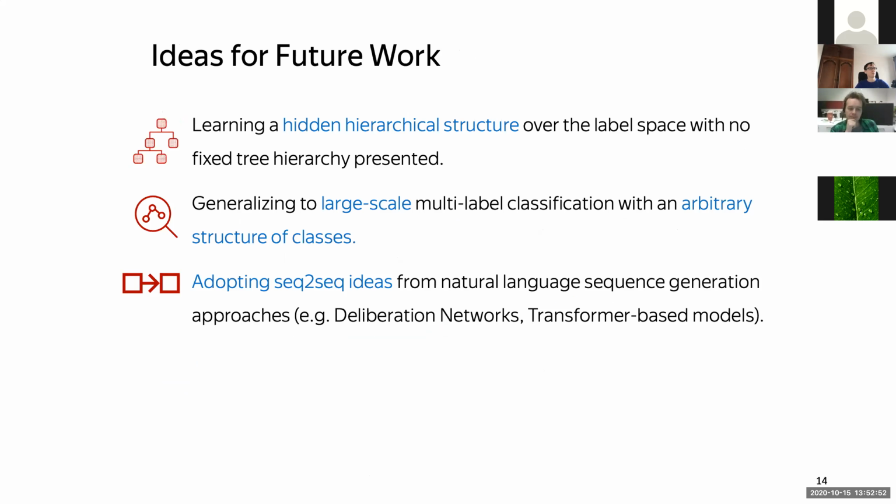Another interesting problem is attempting to generalize this idea to large scale multi-label classification, because in this case we would have even larger output sequences, and maybe the pros of the sequence-to-sequence BERT model would be more apparent in this case.